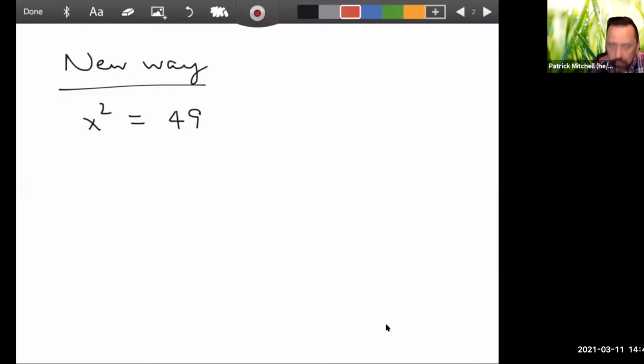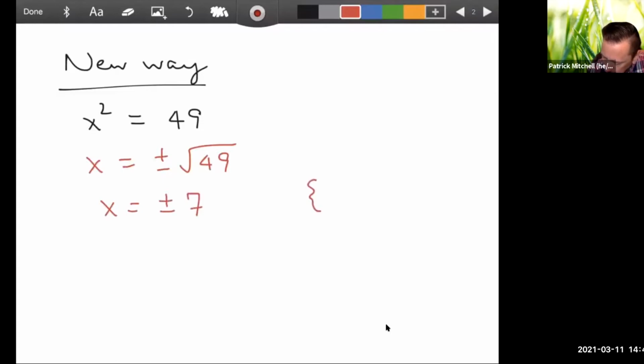So the way that you want to write this, and hopefully this will become habit, is you say x squared is 49. That means x has to be either the positive or negative square root of 49. And of course, the square root of 49 is 7. So you get the same two solutions. Took me a lot less time to get it that way. You just have to remember that plus or minus.